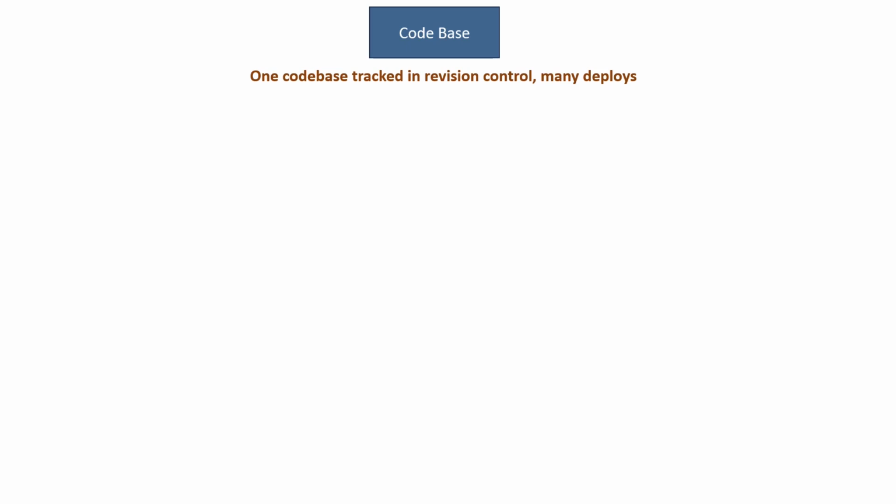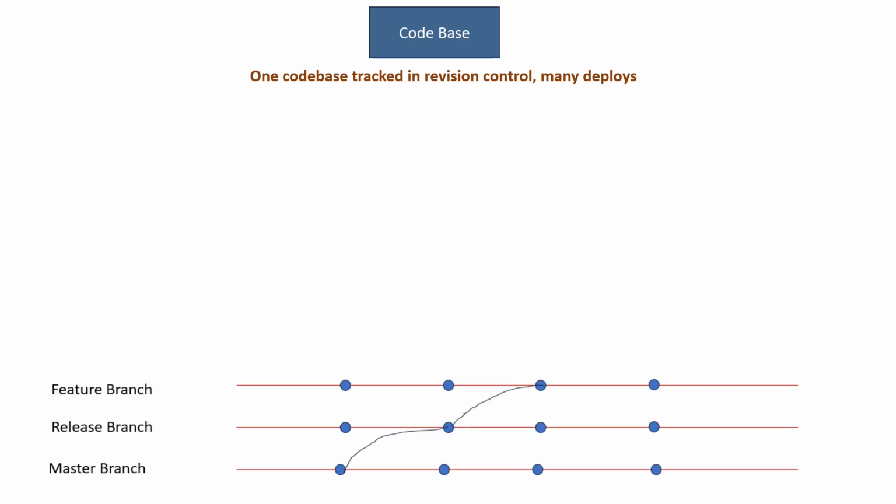The code base factor says that we should have one code base per application, but we can do multiple deploys of it. For example, you have a Git branch that has the master branch, release, and feature branches. So you can store your code and make sure that your version control is in place.